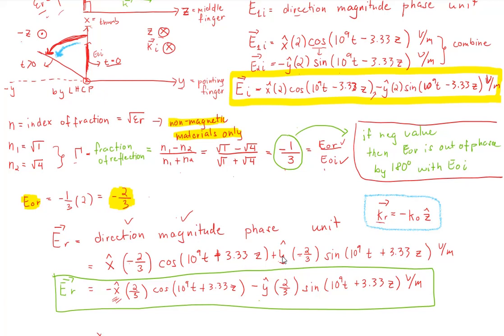So I copied it here. So this one should be positive y. I do apologize for that confusion. Okay, and this one should be negative. Still, same rules apply. We'll let this determine our direction.